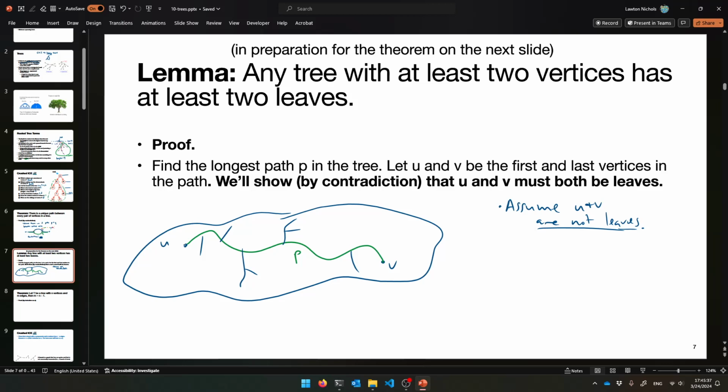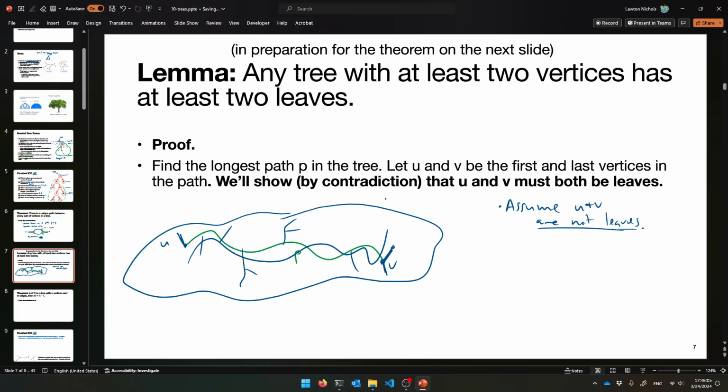Maybe there's a leaf this way, or in some other direction. If U and V are not leaves, you could have gone further out. Maybe the leaf is over here. Do you see that if that were true, P could have been longer? This is not the longest path.